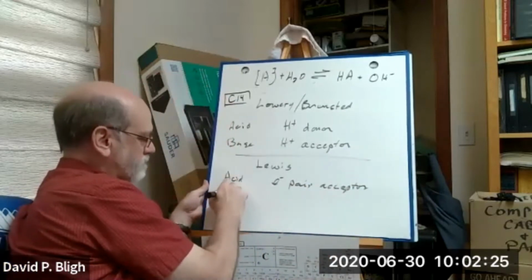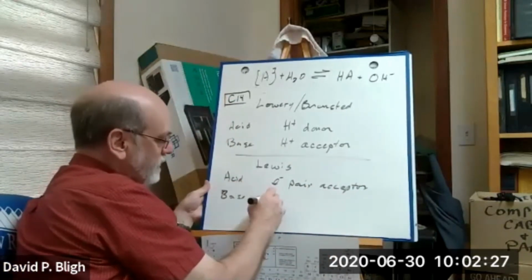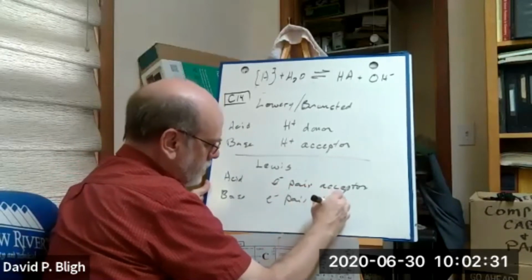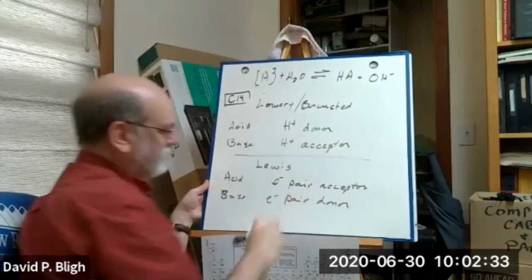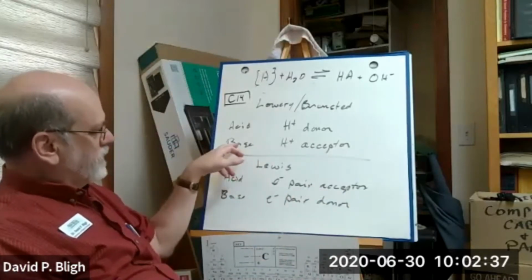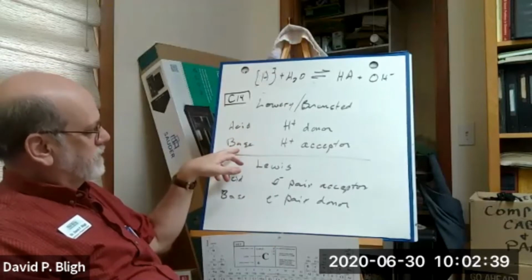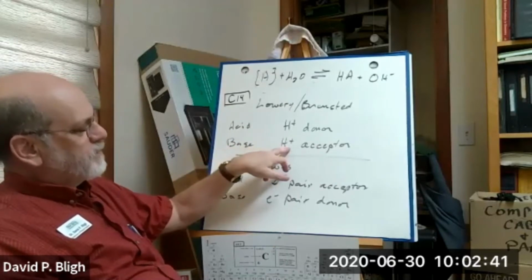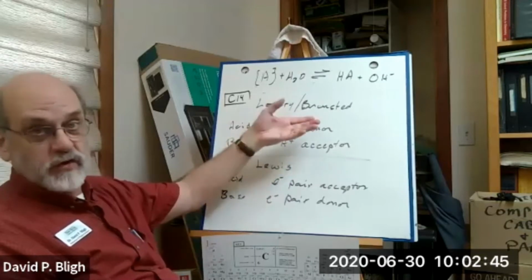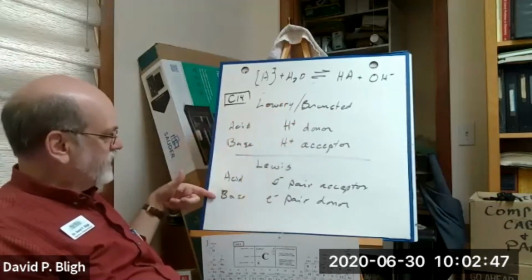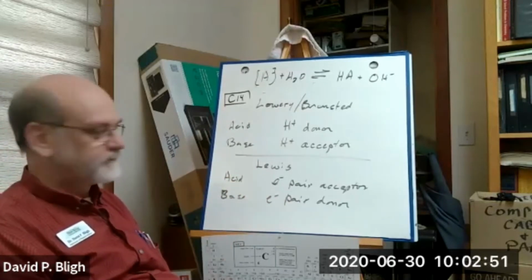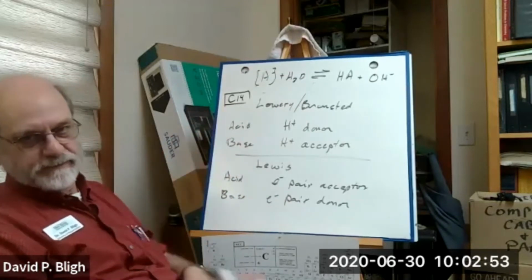And a base, conversely, is an electron pair donor. So in order to be a Lowry base, the proton has to be accepted, and when you do that, you donate electrons to the proton. So the base then becomes also an electron pair donor. So that's how they're related.